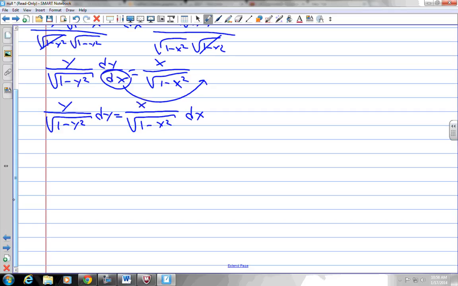You want to replace y with what? With sine? Okay, don't write anything down. If we do that, look what happens. You have sine x over square root of 1 minus sine squared x, times dy, which is cosine x dx. This is cosine, so those two cancel. So you'll end up with the integral of sine, so it's negative cosine.